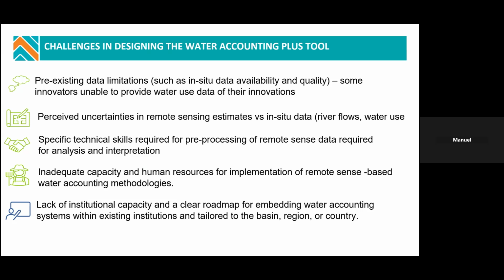There is also inadequate human resource capacity for implementing remote sensing and water accounting methodologies. There is also a lack of institutional capacity and a clear roadmap for embedding water accounting into existing institutions. For example, in our case, the institution that has been welcoming this is the Zambezi River Basin Authority. Right, next slide.